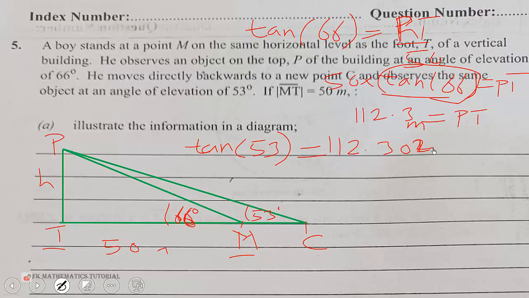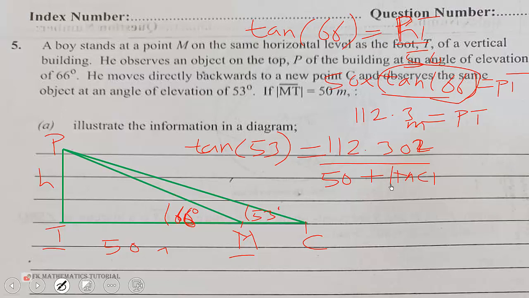So tan 53 is opposite, which is 112.302, over adjacent, which is TC, and TC is 50 meters plus the magnitude of MC.